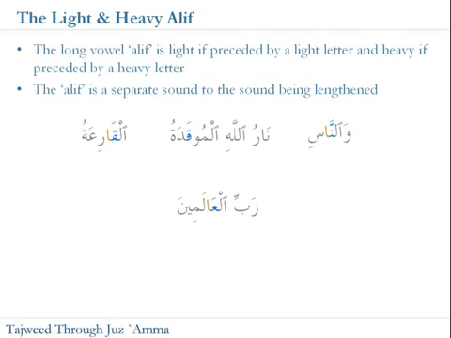So what can happen is, if you just double the length of the Ain, you'll go A. Okay, but the actual sound is A. So you have to say the Ain and then very quickly release to give the A sound of the alif. So they're two separate sounds, so you have to release.